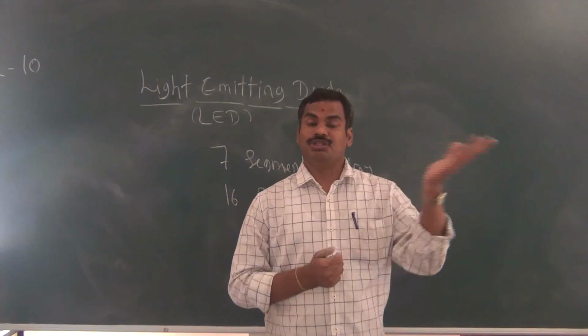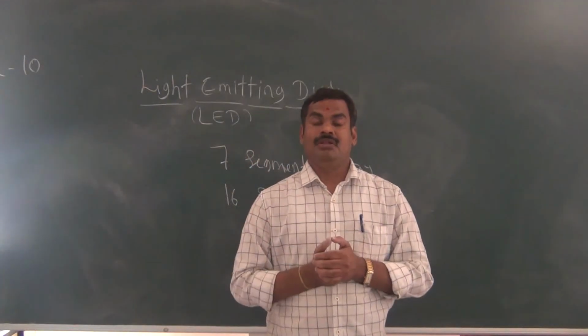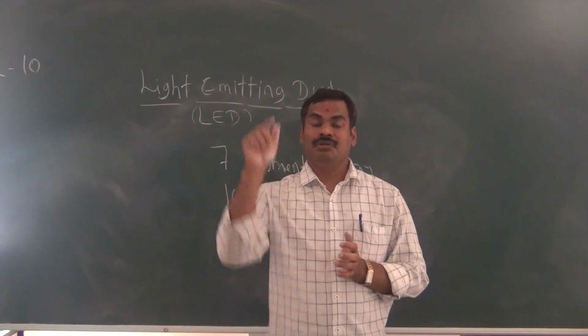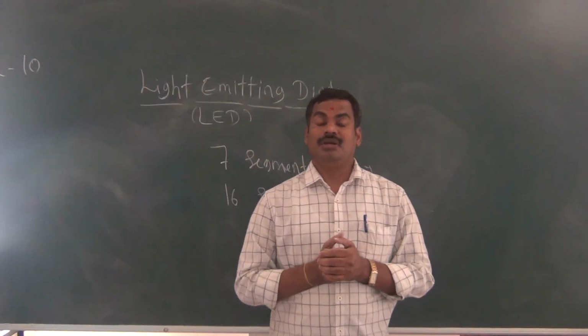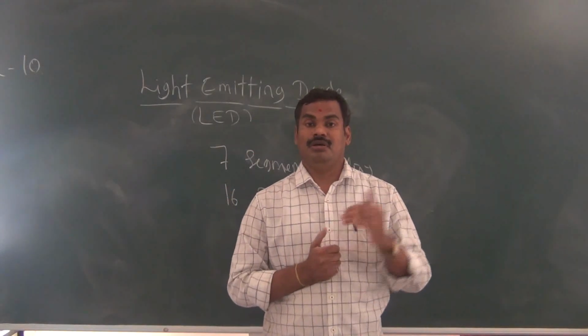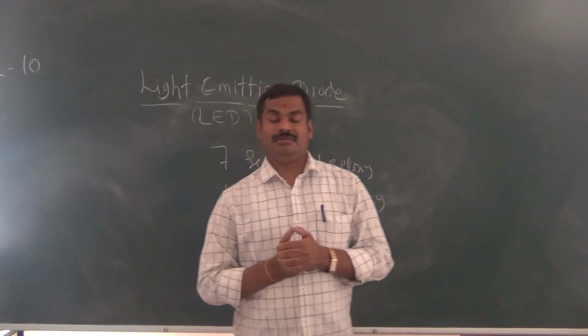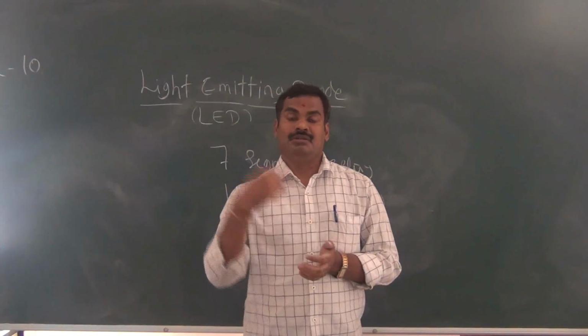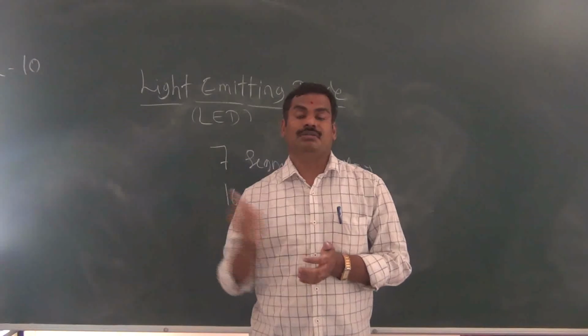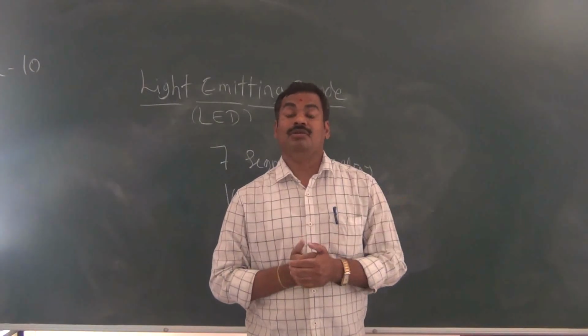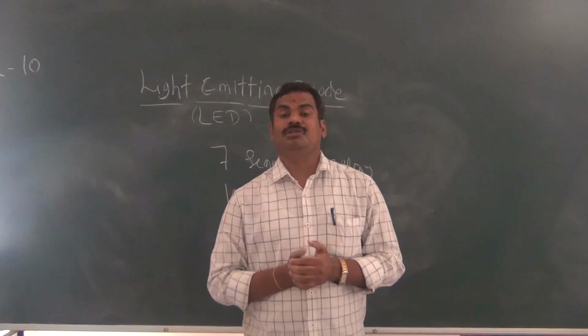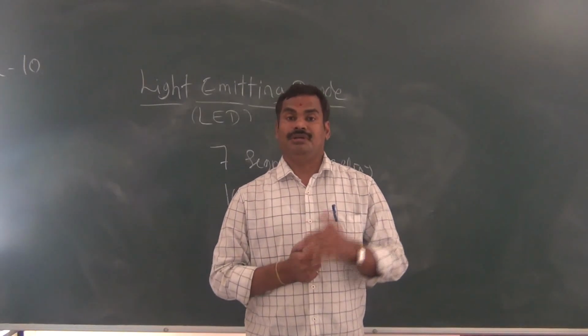The photodiode is reverse biased, the LED is forward biased. In the photodiode, the current depends upon the incident light: the more light incident, the more photocurrent you get. But in the LED, the current depends on the applied voltage. This is in brief about the photodiode and the LED.